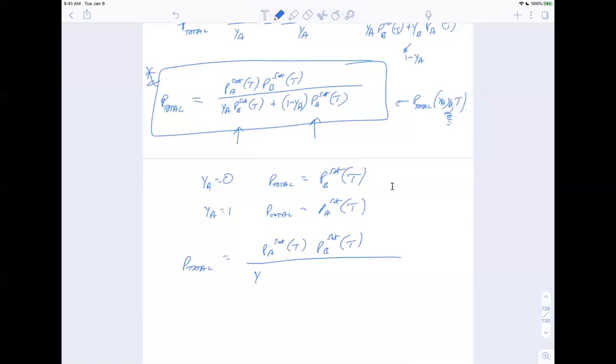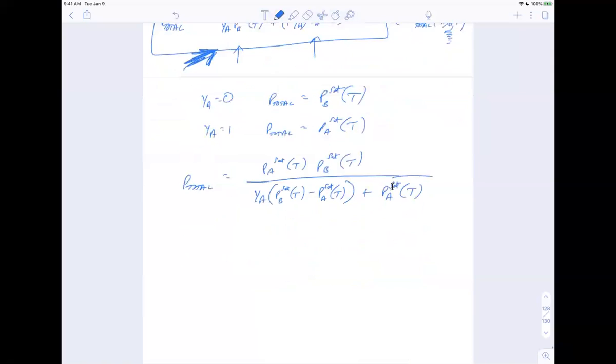So this will be YA times PB sat minus PA sat, plus PA sat of T. All I did here was take the denominator in this expression and collect all the terms that have a Y sub A.